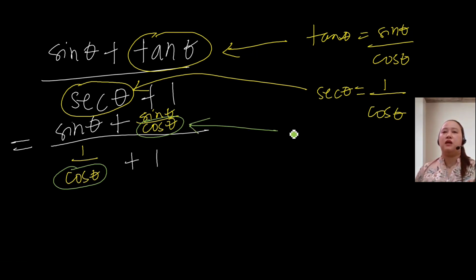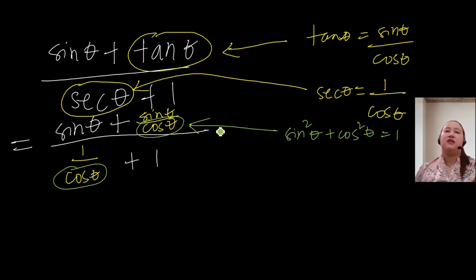We can use here the sine squared theta plus cosine squared theta equals 1, because this is the only identity in which we do have sine and cosine. In substituting, you have to take note that two functions are present. Either the function is what we need or the function is the one which needs to be replaced.